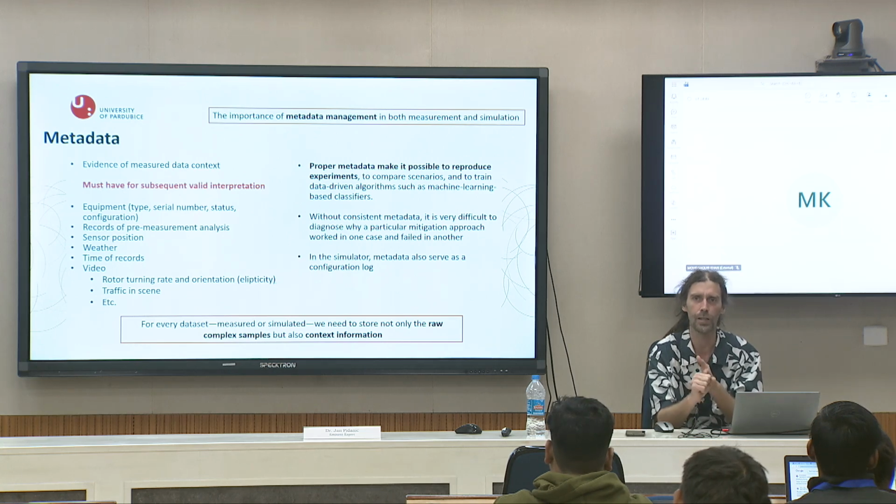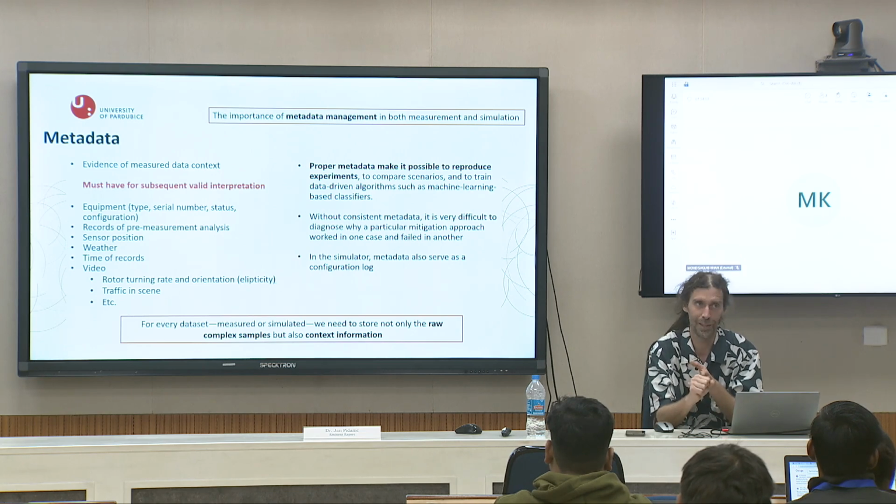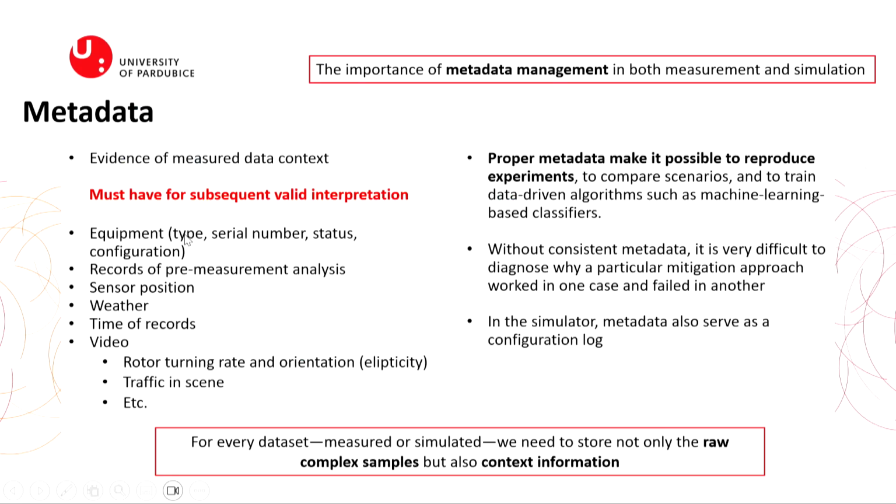Okay, you don't need it now, but you don't know if you won't need it after 1 month, and if you don't have it, you don't have it. So also record type of equipment, serial number, status, configuration. What could be configuration? Sampling rate, something like this. If you don't have a good sampling rate, how do you want to interpret the data?